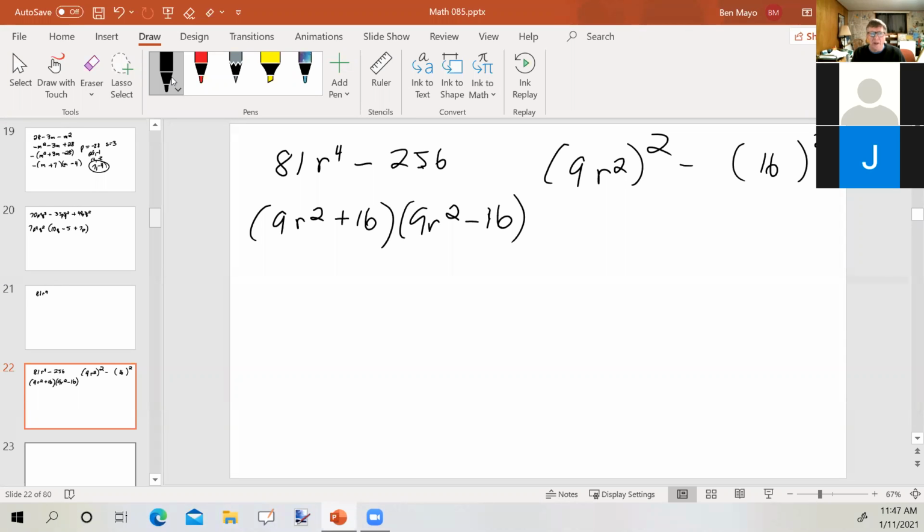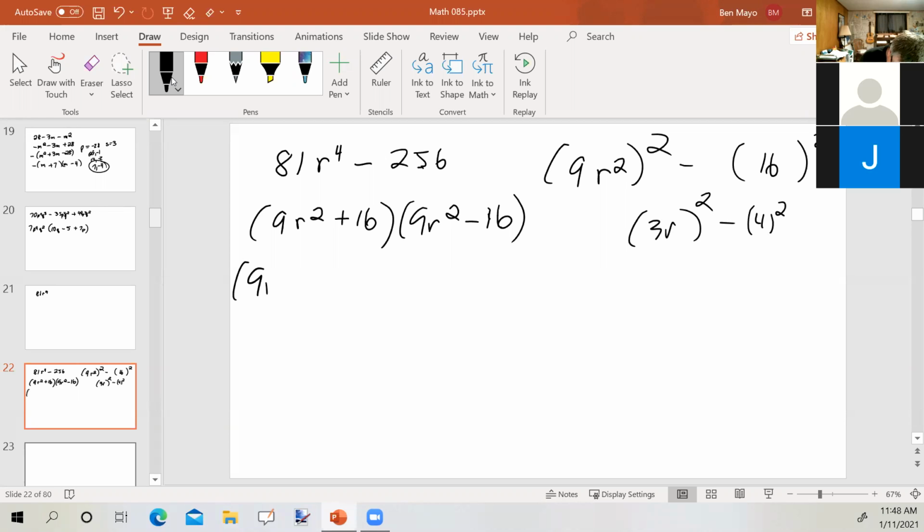Well, the first binomial factor, 9r squared plus 16, that's the sum of two squares, but it's not the difference of two squares. So that won't factor any further. But the second factor, 9r squared minus 16, could be written as the quantity 3r squared minus the quantity 4 squared.